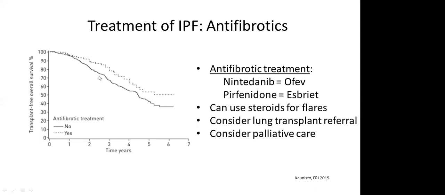The problem is though, they're basically just trying to prevent more fibrosis. So they don't reverse any damage that's already been done. If the patient comes to you with tons of symptoms and they're on oxygen, you're not going to be able to get them off the oxygen or improve their symptoms, because that damage is done. The scarring that's already there, the fibrosis that's already there, is not reversible.